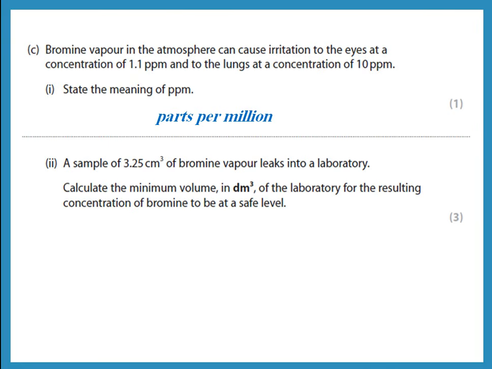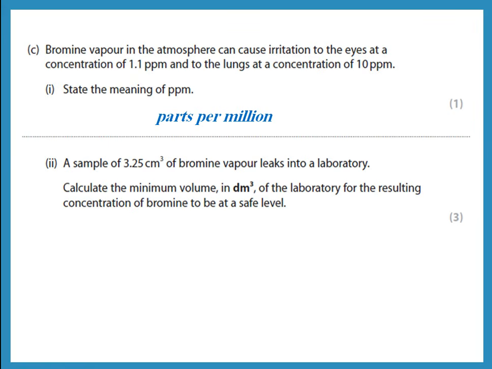So when he says a sample of 3.25 centimeter cubed of bromine vapor leaks into a laboratory, calculate the minimum volume in decimeter cubed of the laboratory for the resulting concentration of bromine to be at a safe level. Okay, he says if it is 1.1 ppm, it would be dangerous.